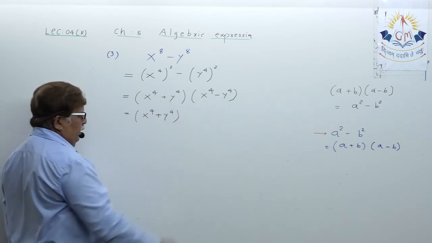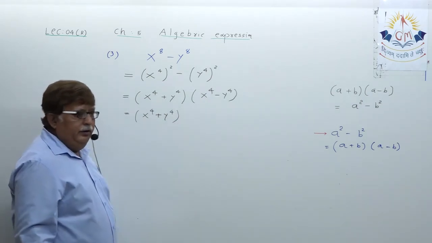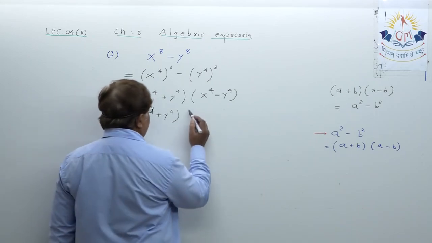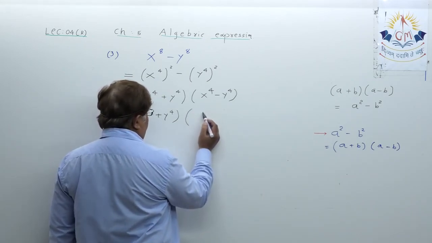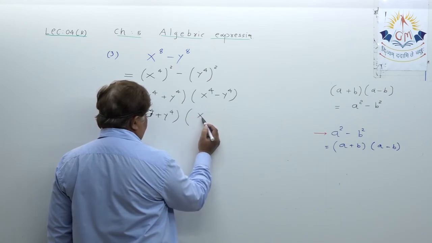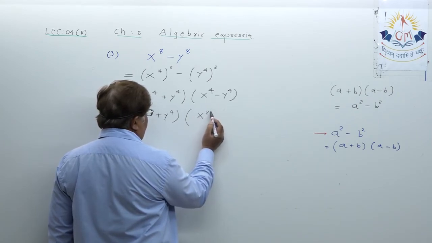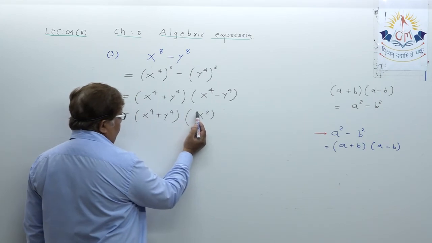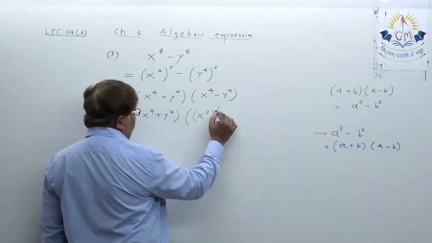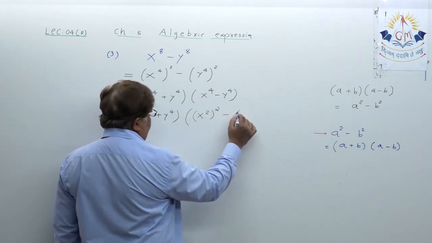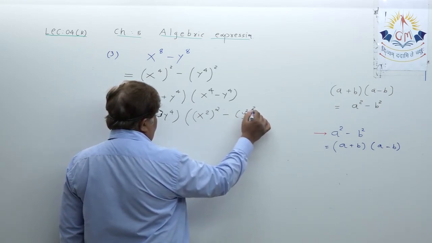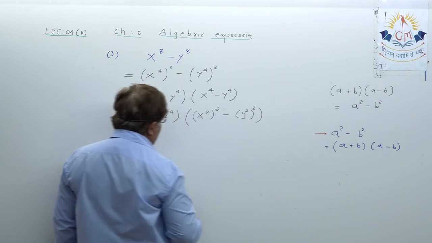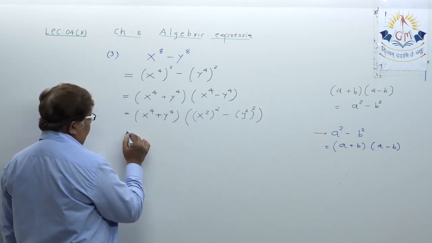This is as it is, and here take the square root of this: x square whole square minus y square whole square, main bracket closed.